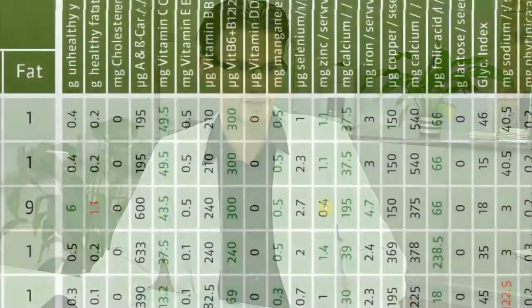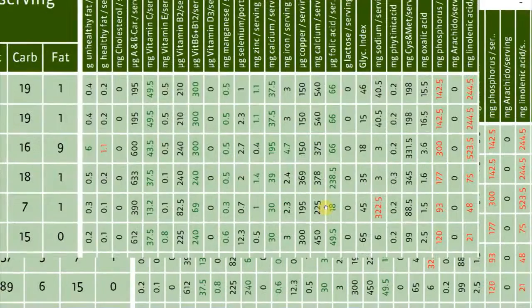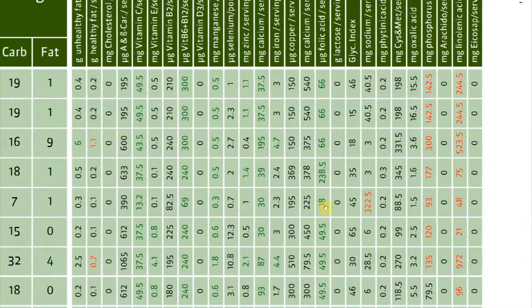All right, and if we look at this table in a bit more detail, you see that some numbers are green, some are black, and some are red. Now, these numbers are the same for everyone, so they are not personalized to your genes. It just means that red means it's a bad substance, so sodium, for example.